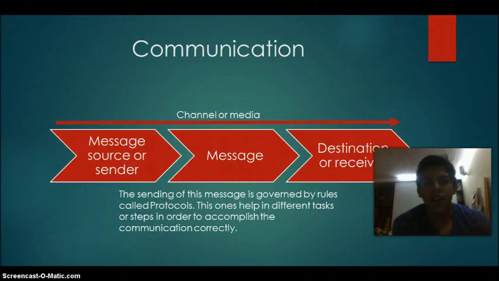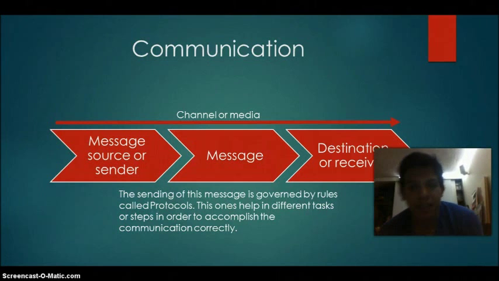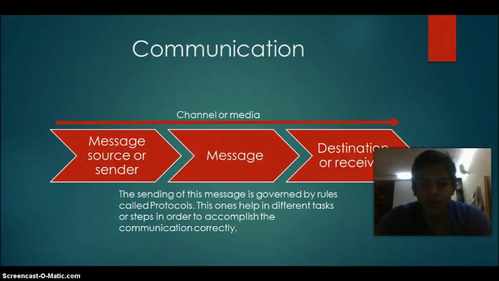This can be air, this can be copper cables, or I don't know, this can be anything you can communicate through. This can even be light, you know. And finally there is the destination or receiver, which is the thing or the person that will receive your message.